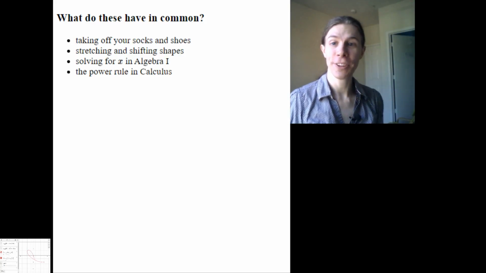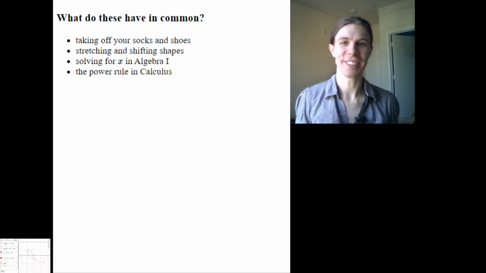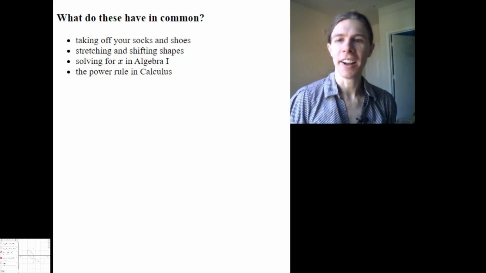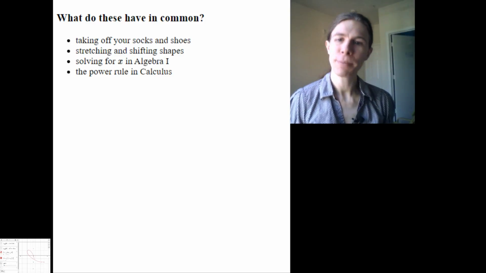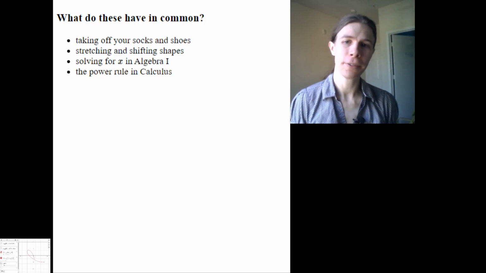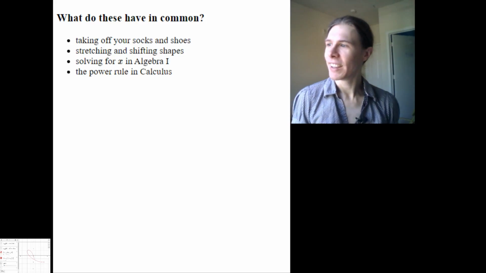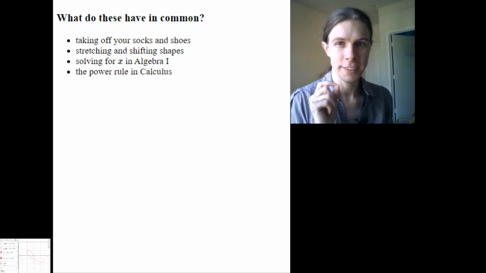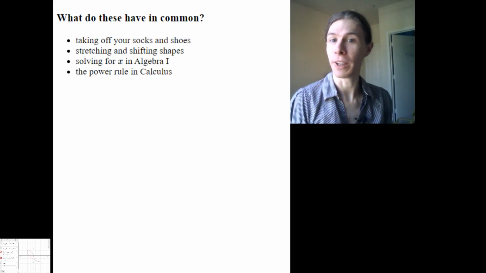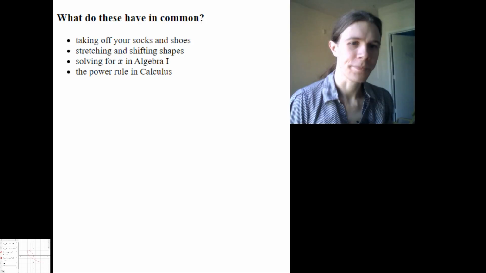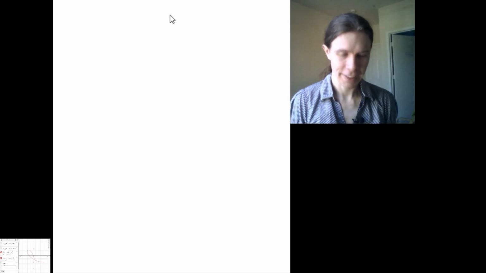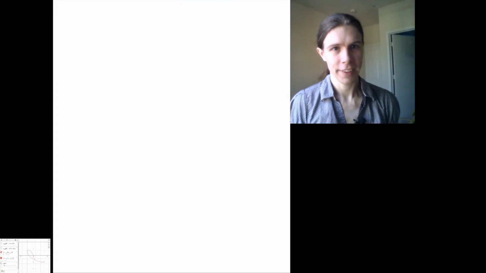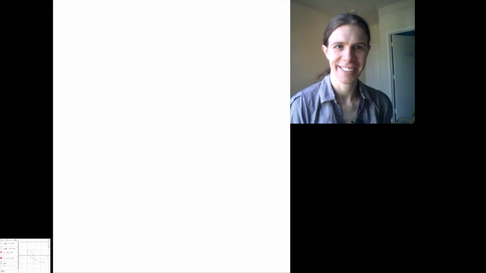Even though, secondly, I would like stretching and shifting shapes to be the next thing on your fingertips, I'm going to start with solving for x, because even though it may not come up as much in your daily life, it's a little bit easier to see on screen that something is weird. So, with that said, let's talk about solving for x.